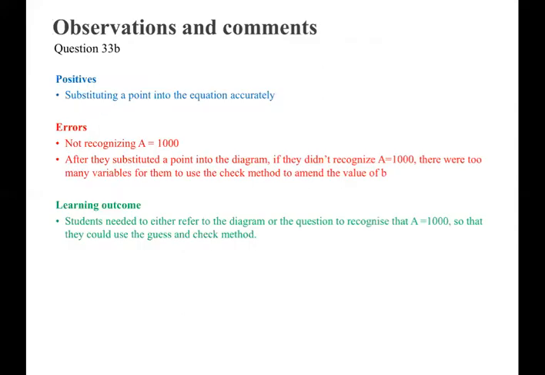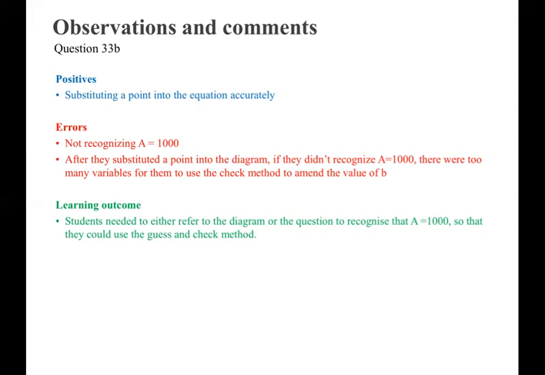The positives, as I said, it was done really poorly here. They struggled here a lot. The positive was they did try to do something. So a lot of kids looked at it and thought, okay, I'll grab a point from the graph and substitute into the equation, which was great because they were trying to engage in this question. However, they didn't recognise that A was 1,000. It was in the question that the initial value was 1,000.